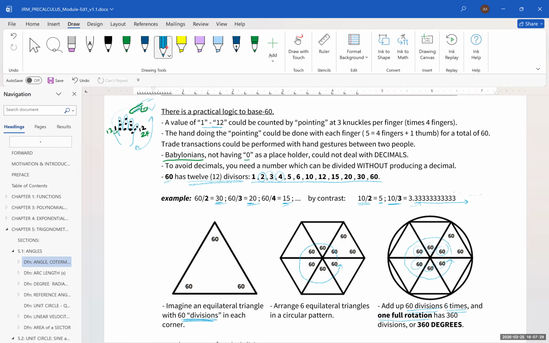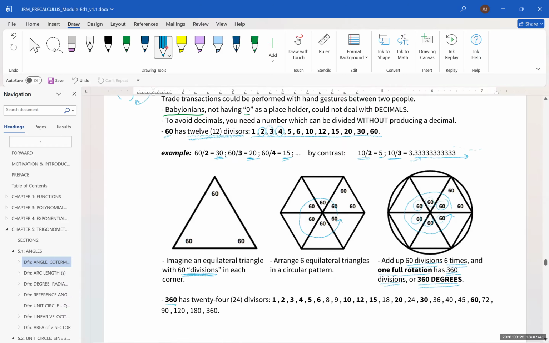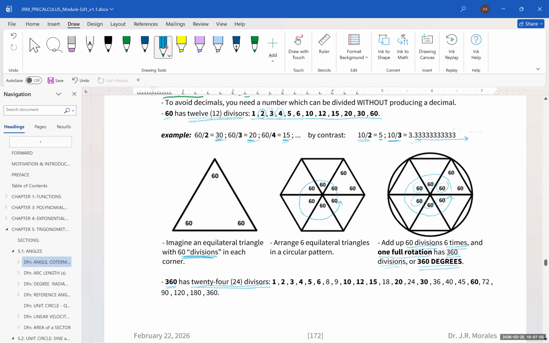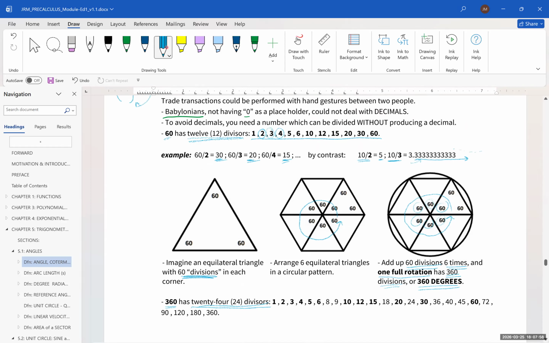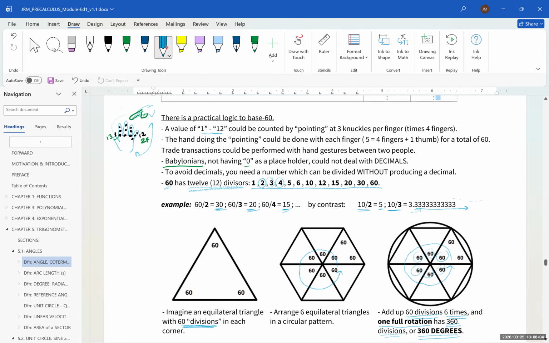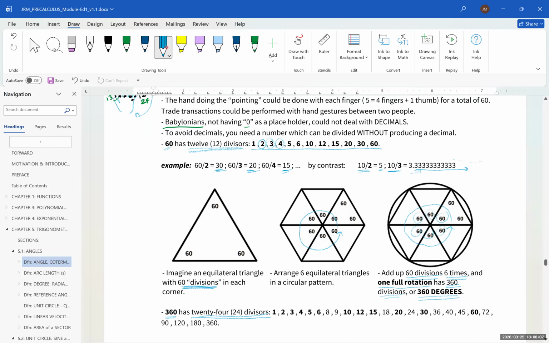Well, that means one full rotation is 360 divisions, or 360 degrees. And 360 has 24 divisors. So there are 24 numbers that will divide 360 degrees without a remainder. That is believed to be historically accurate. That's the origination for why we have 360 degrees that divide one full rotation.